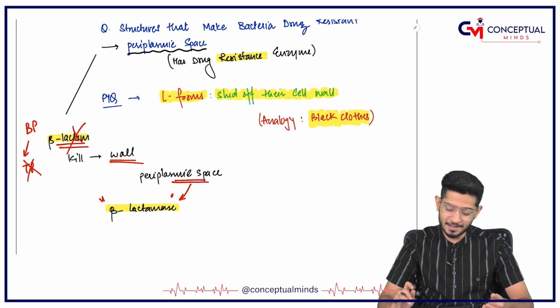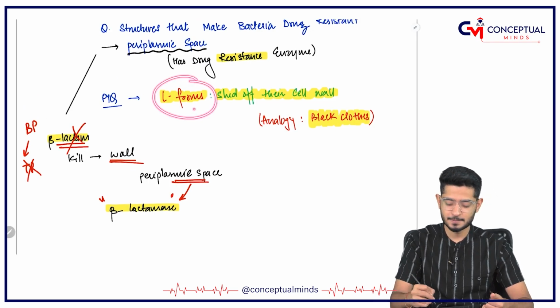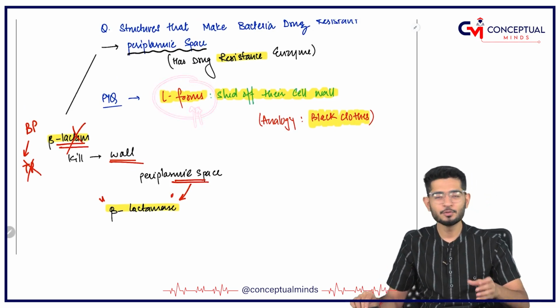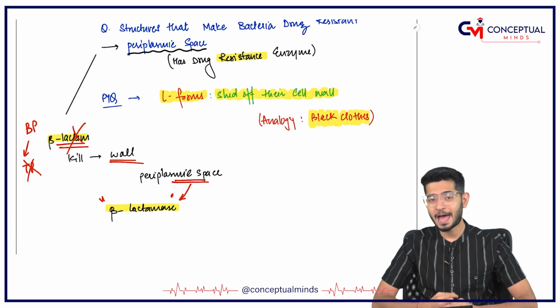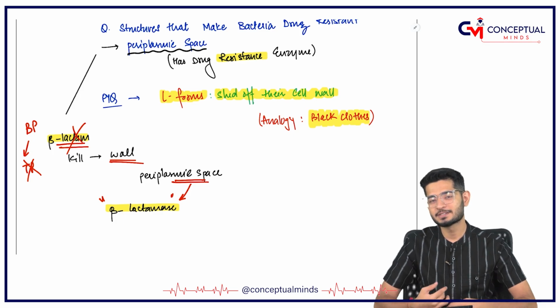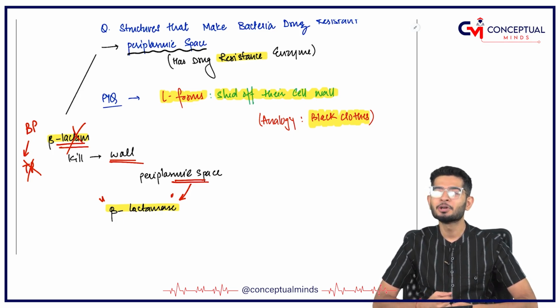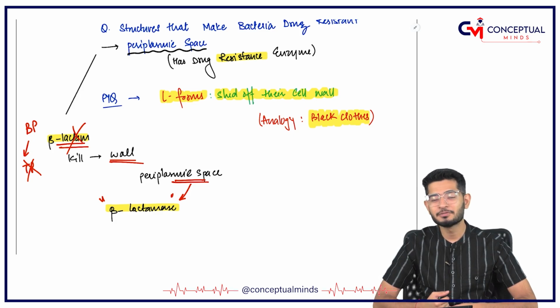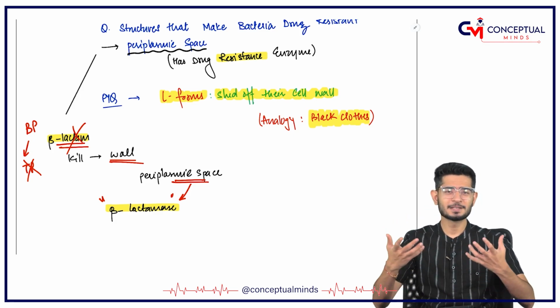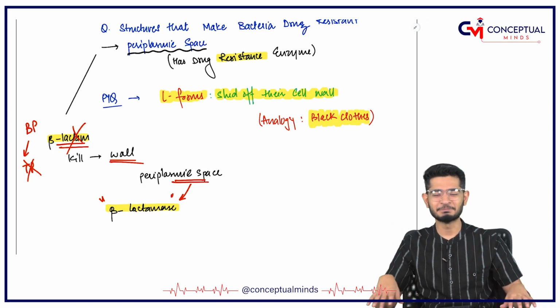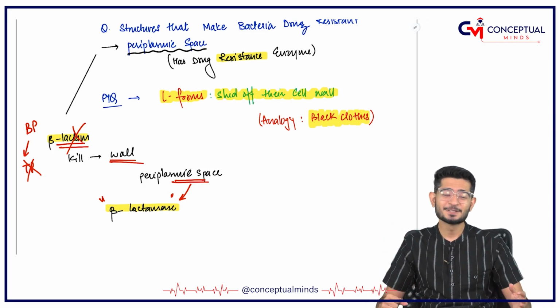Okay, right? And the next question is L forms. So, for example, I'll give you an analogy. For example, I'm wearing this black cloth, and if I wear this black cloth and go to attend a funeral, people will say, "Oh, please go away," or some people might gather and beat me, hit me also. So what?